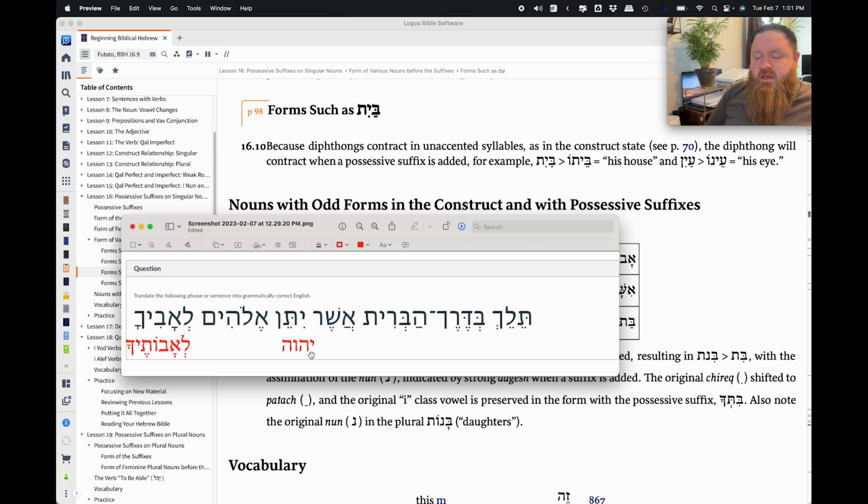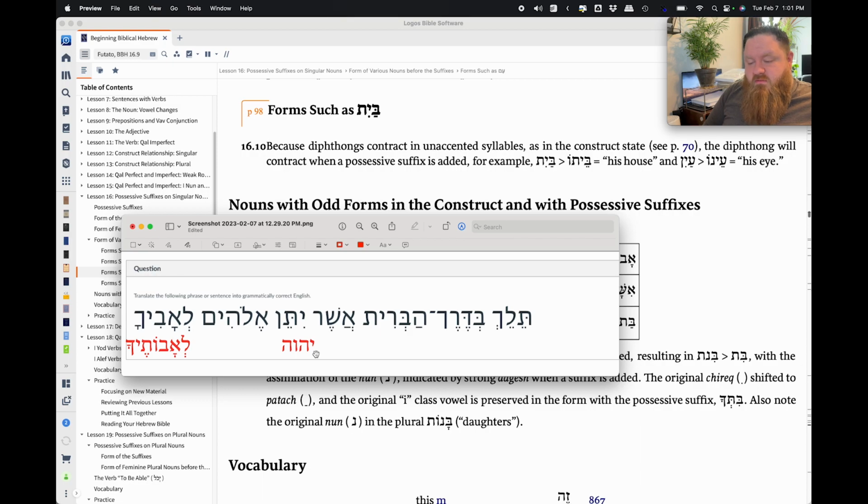This word, if it were just transliterated into English letters, would be YHWH, or YHVH if you prefer. But what I want you to consider as translation possibilities is you can either translate this as Yahweh if you prefer, just Yahweh. You can translate it as just YHWH if you like, or you can translate it as the Lord, or you can translate it as Adonai.